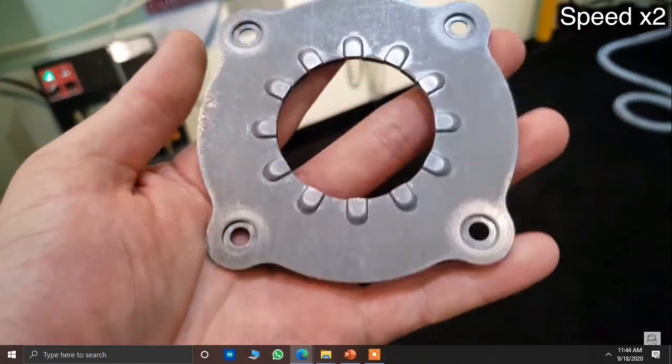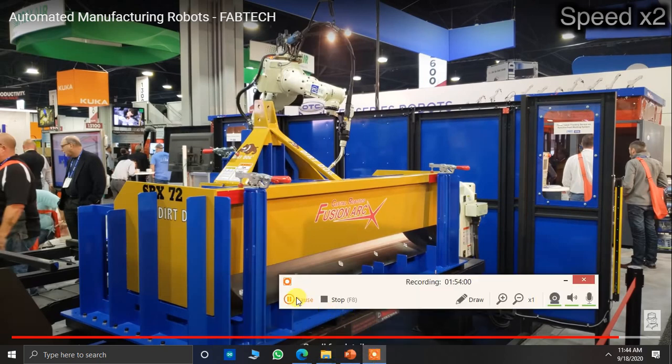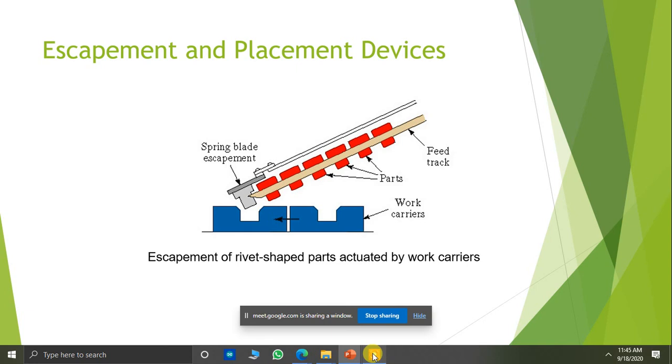Forming machine. So these are some examples where you can implement robotic assembly lines. You have a spring blade arrangement at the bottom. Whenever the work carriers, the components which will carry, just like your material transfer system, hit this spring blade escapement while moving, one part will be fed into this.